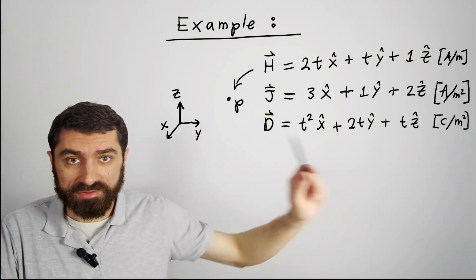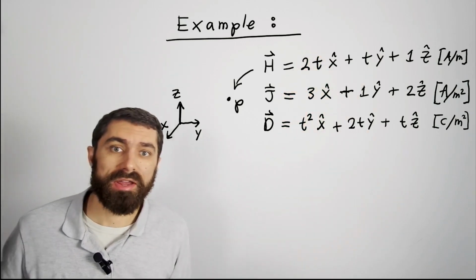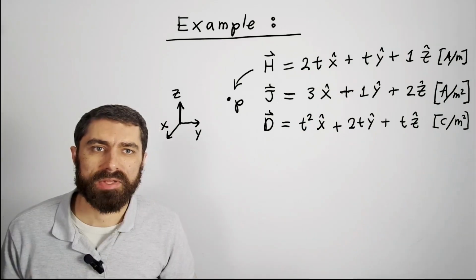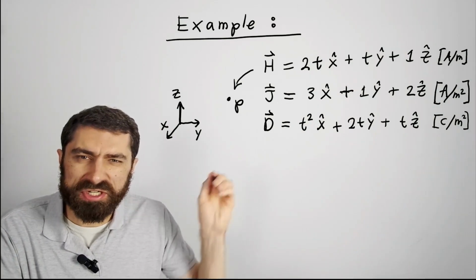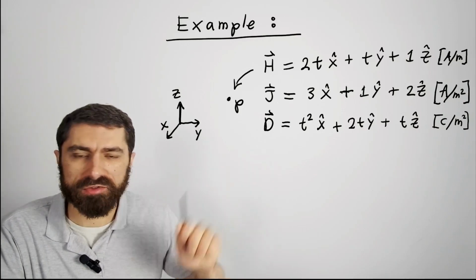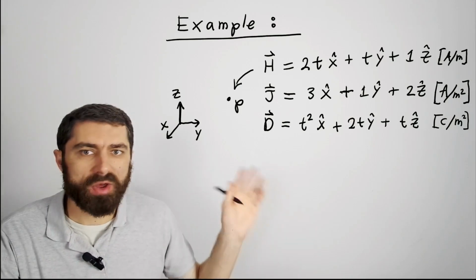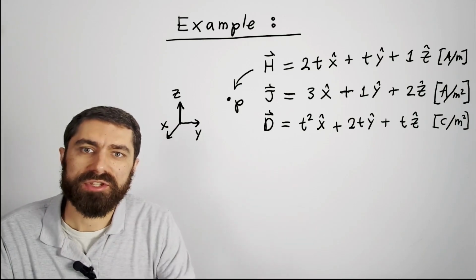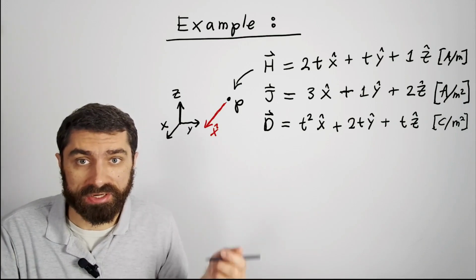And we measure them, and let's say they're these values, and they are a function of time. So what Ampere's law tells you is the circulation of the H field around any unit vector. It could be x hat, y hat, z hat, doesn't matter. Let's go ahead and choose x hat for an example here.